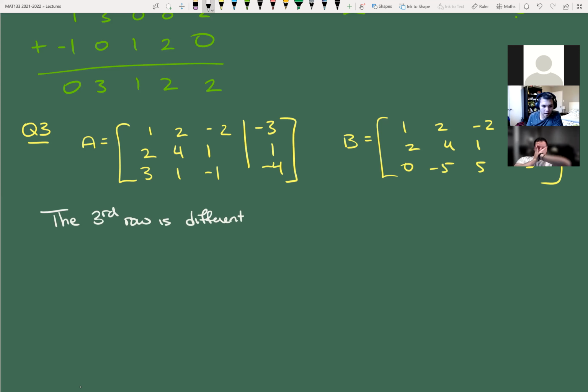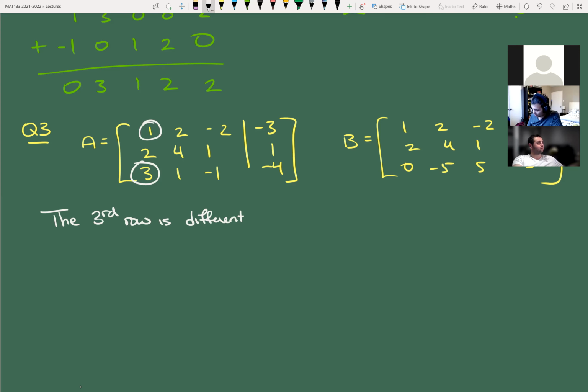And the easiest way to figure out what we probably did in order to make the third row the way it is, is to look at these two numbers. And say, okay, in order to make this 3 become a 0, I'm going to take -3 times the first row and add it to the third row.